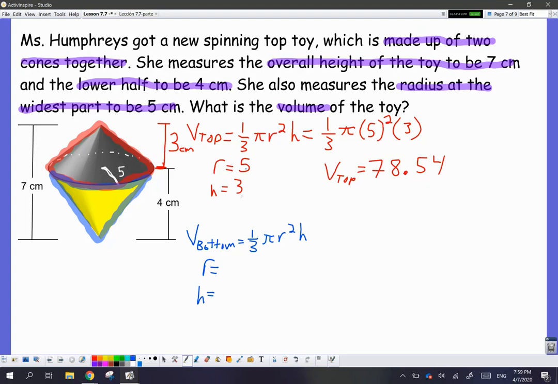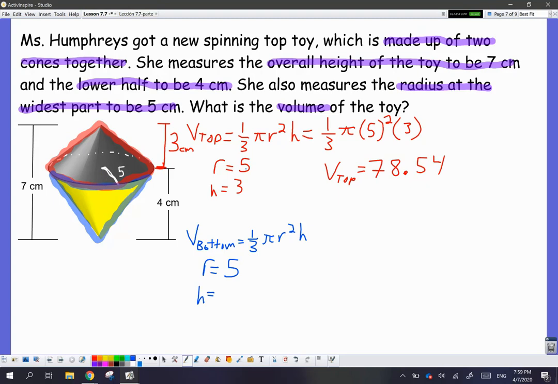For example, if I look at the radius of the bottom cone, I know that I need to find the base of the bottom cone. It turns out that the base of the bottom cone is the same as the base of the top cone, because they both have this circle here. So that means that the radius for the bottom cone is also 5 centimeters. Not because this is 5, but because they both share the same base.